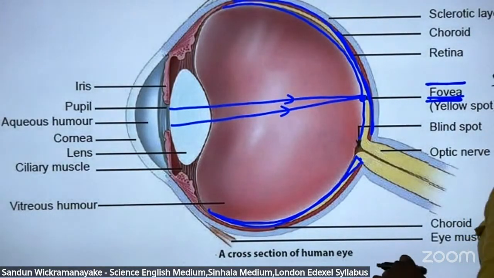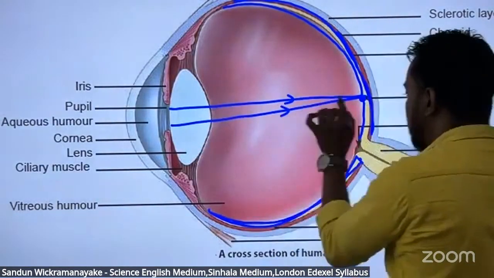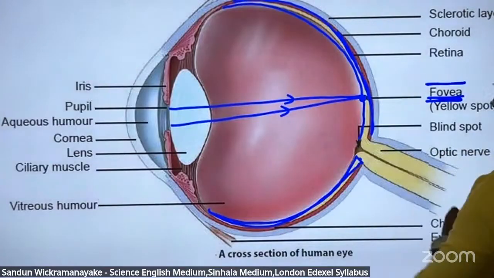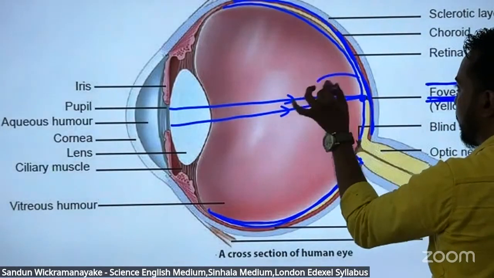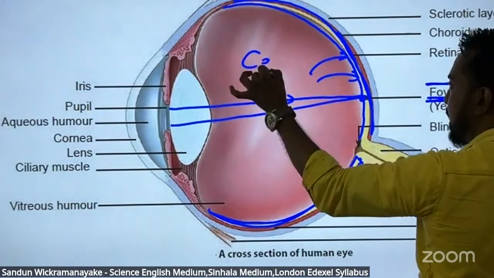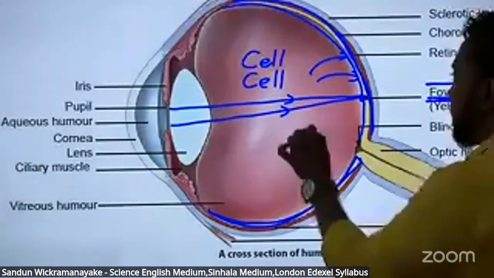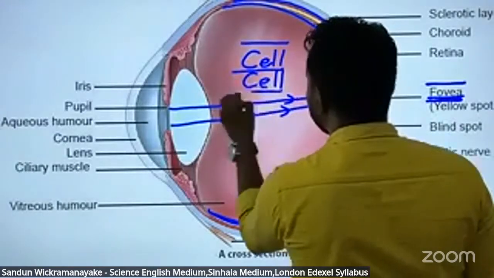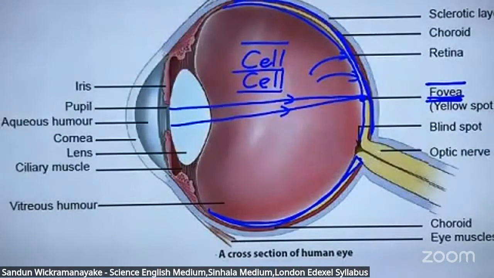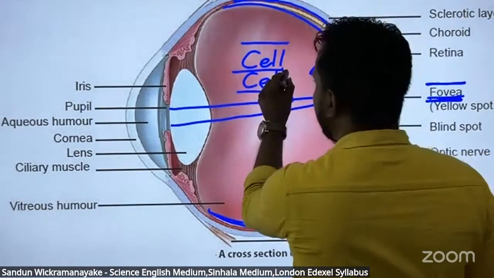Right. Look at this. After the light rays reach this fovea or retina, there are two kinds of cells.